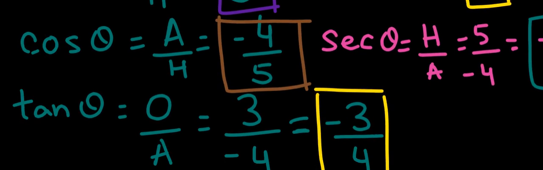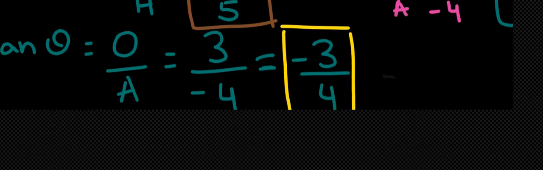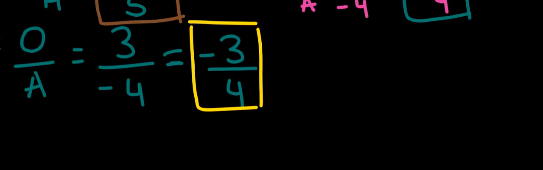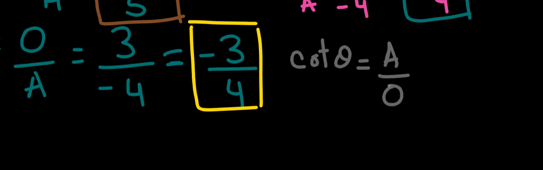Now comes the reciprocal of tan theta, which is cotangent theta or cot theta. So I'm going to write cot theta equals adjacent over opposite. So we are flipping the tan theta ratio. So that's going to be 4 over -3.